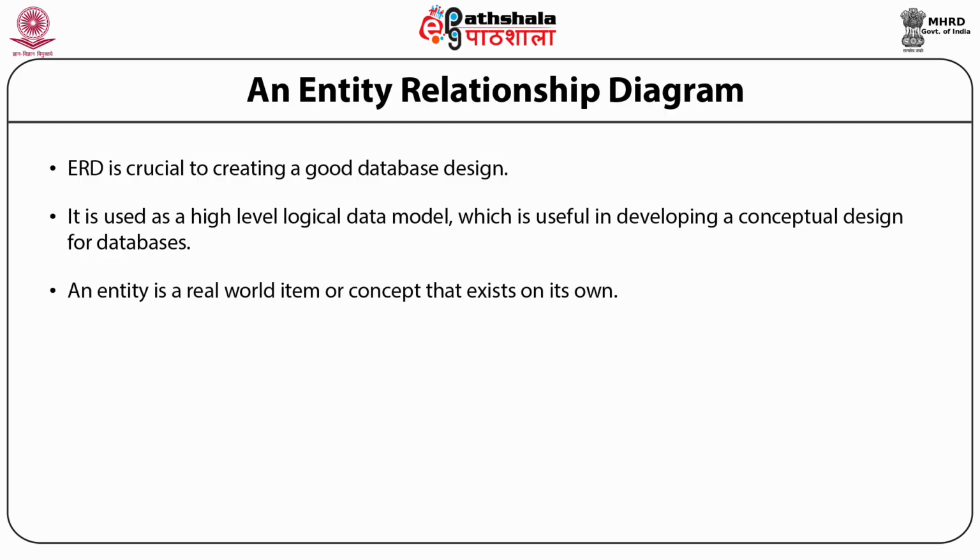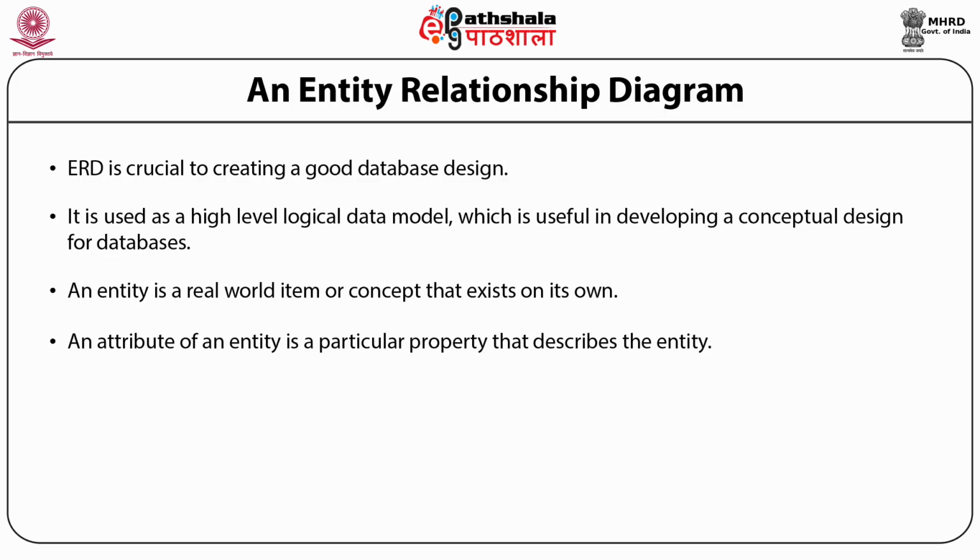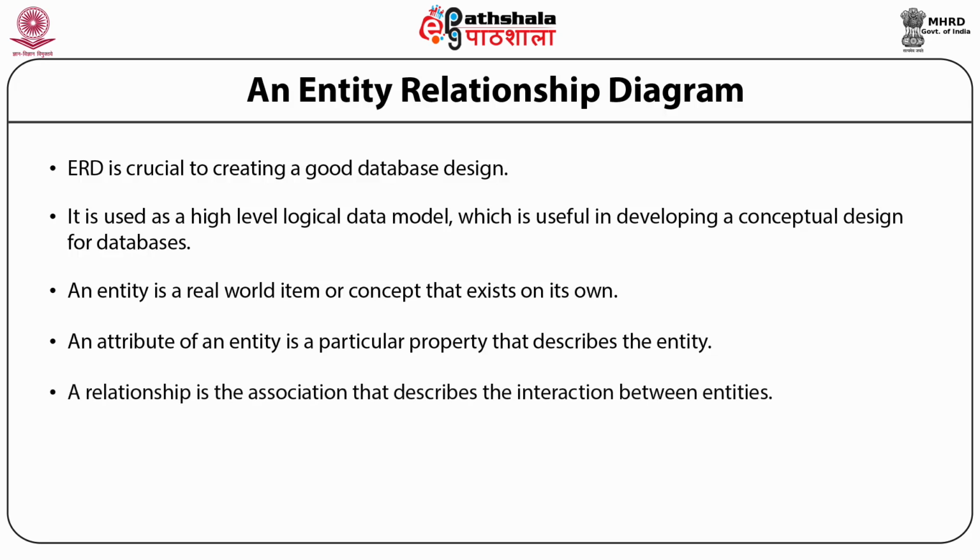Entities are equivalent to database tables in relational databases, with each row of the table representing an instance of that particular entity. The attribute of the entity is a particular property that describes that entity. A relationship is the association that describes the interaction between entities.